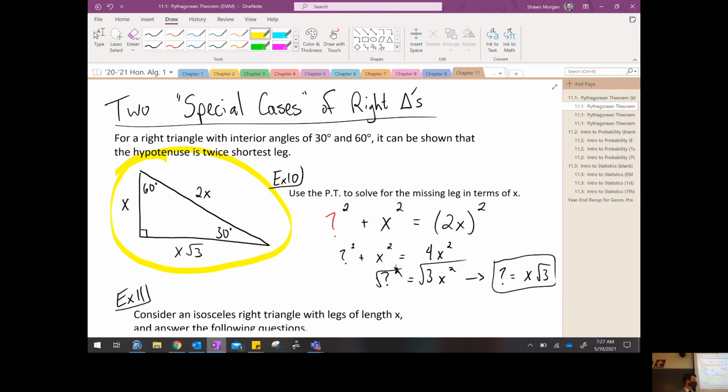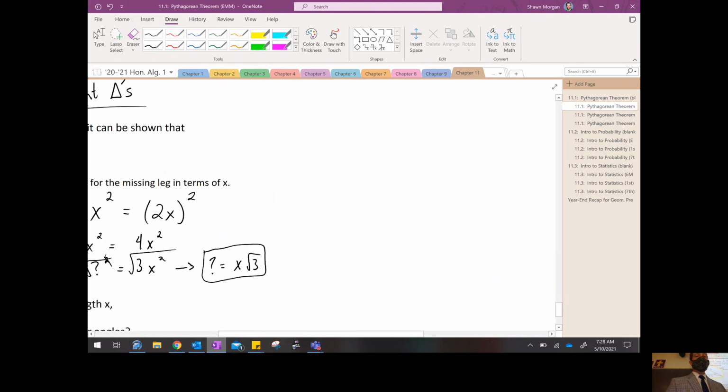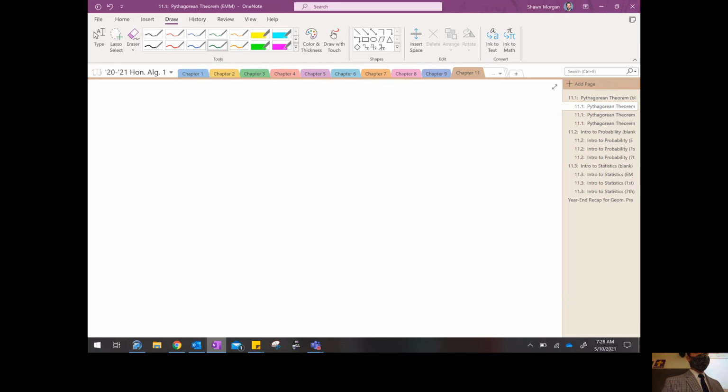You'll learn this next year in geometry, but two triangles can be similar, like this.